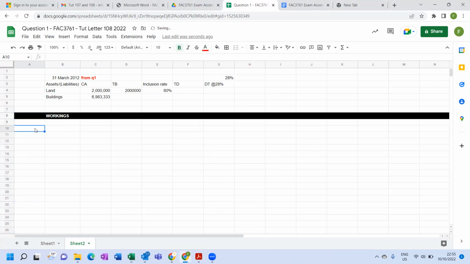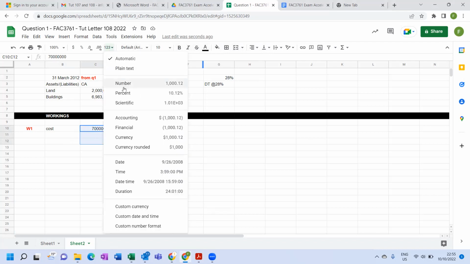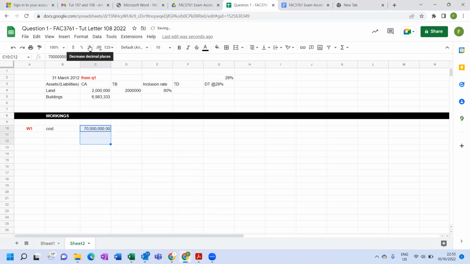For working one, I'll basically have cost, which from a SARS perspective is 7 million rand.